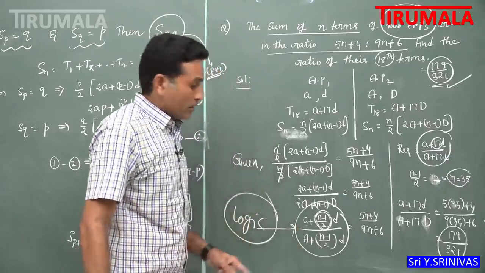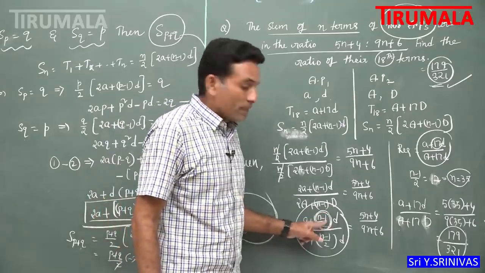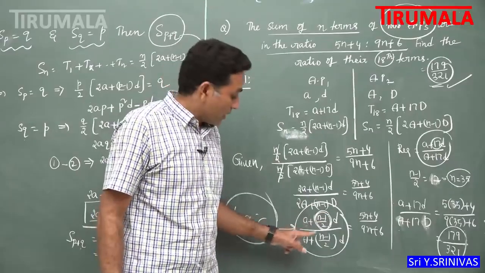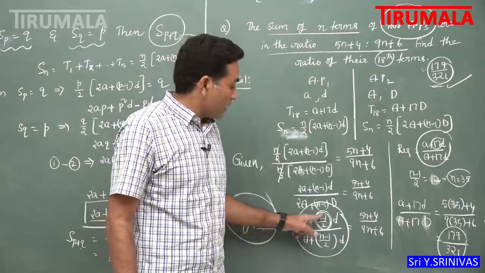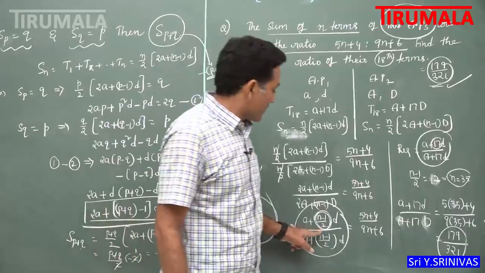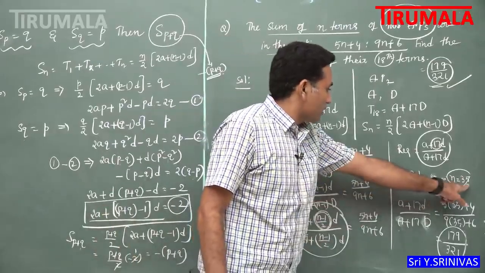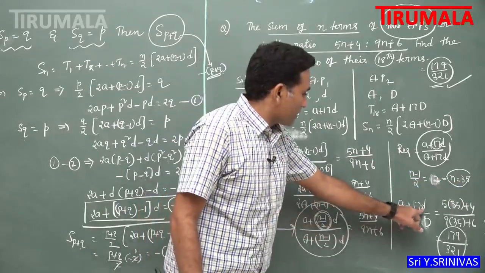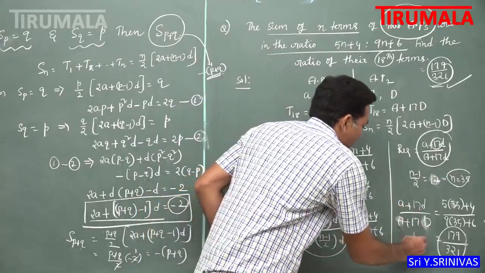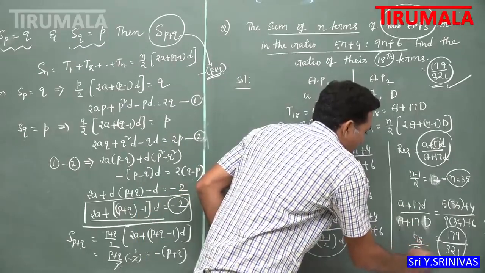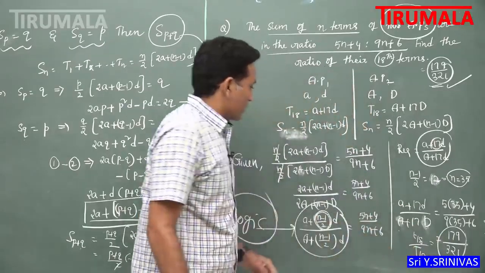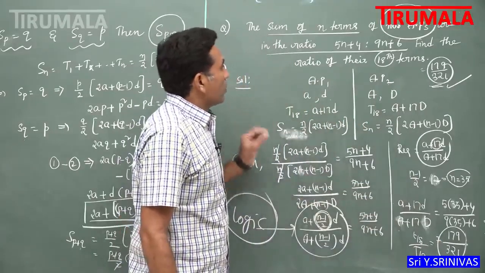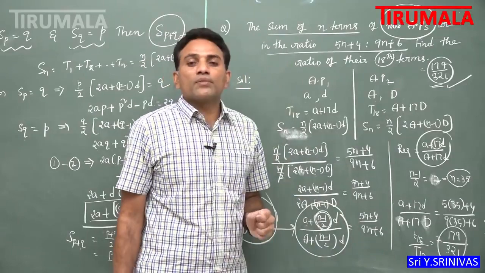If n minus 1 by 2 is 17, then in the numerator we get the 18th term, and here also the 18th term. n minus 1 by 2 is 17, so n equals 35. If we substitute n equals 35, we get a plus 17d by capital A plus 17 capital D, that is T18 by T18. So this is one logical model based on the sum of n terms of an AP.